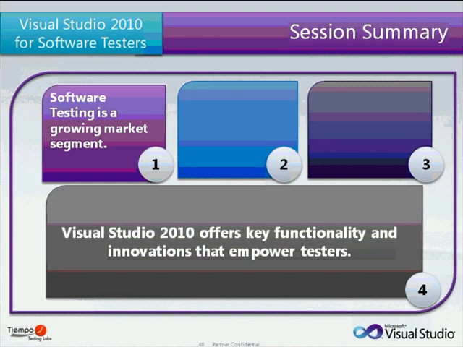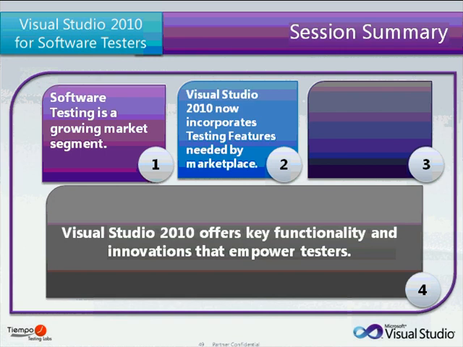In summary, software testing is a growing market segment. It represents a real opportunity for new business and for upgrades for existing business. And it's a business that, once you understand it, will be a ripe market for the sales of new product.